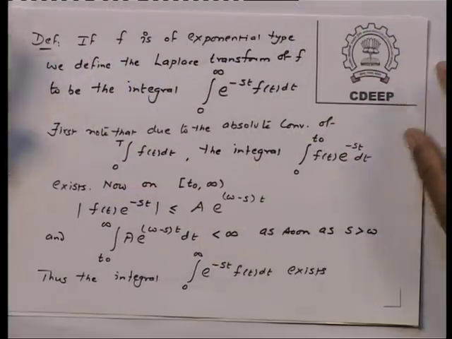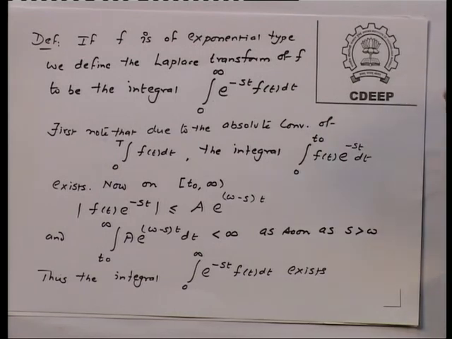All right. So, we have examples of functions of exponential type, we have examples of functions that are not of exponential type, and the class of functions of exponential type is quite rich. Functions can grow. Now, if f is of exponential type, we define the Laplace transform of f to be the integral 0 to infinity e to the power minus st f of t dt. Please write down the definition.